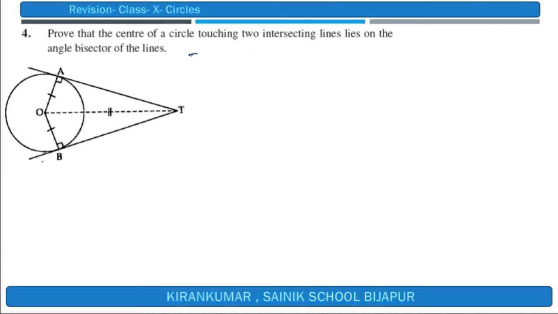What is to be proved here? We need to prove that OT bisects angle ATB. Let us do a construction. Let me join OA and OB. They become the radii. And let's prove.